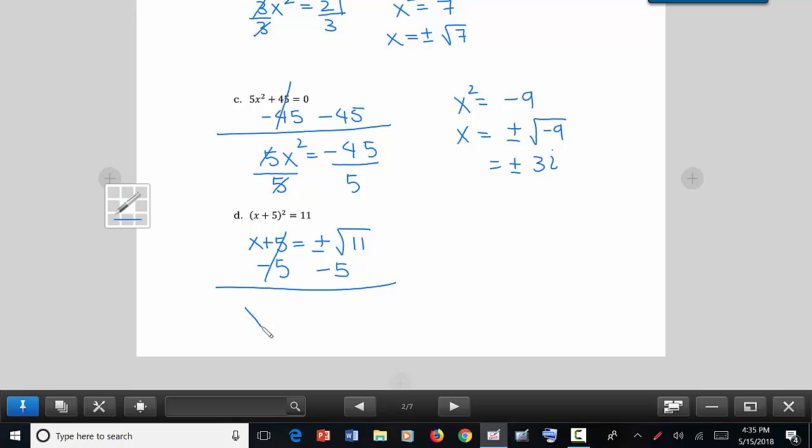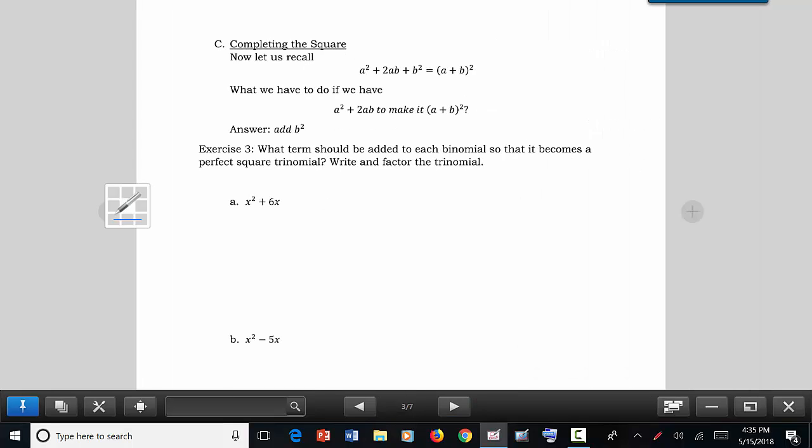Cancel out. x equals, you guys know, the square root of 11 and negative 5. They are not like terms, so we cannot combine. So the final answer will be negative 5 plus or minus the square root of 11. That's how we can solve the problems using the square root property.